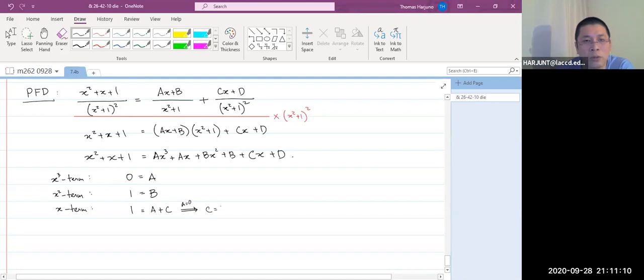So c equals 1. And for the constant, on the left hand side that's 1. On the right hand side, that's b plus d. But we know b equals 1. So d must be 0.